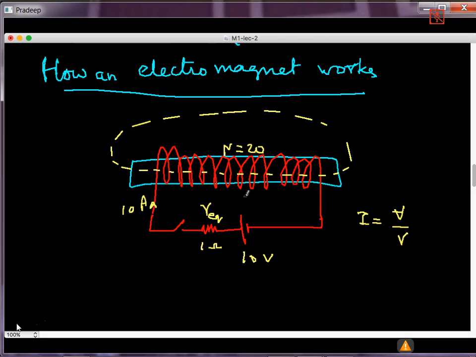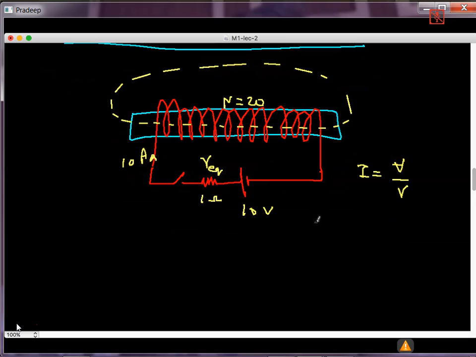To gain further understanding, let's make a small plot. On the x-axis I will keep Ni, and on the y-axis I'll keep the flux. N is constant, so when the current is zero, the flux is zero.